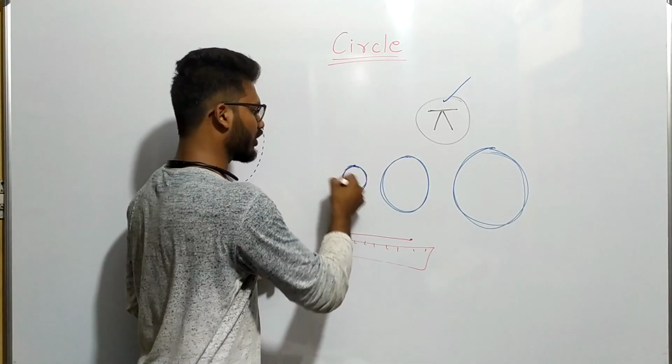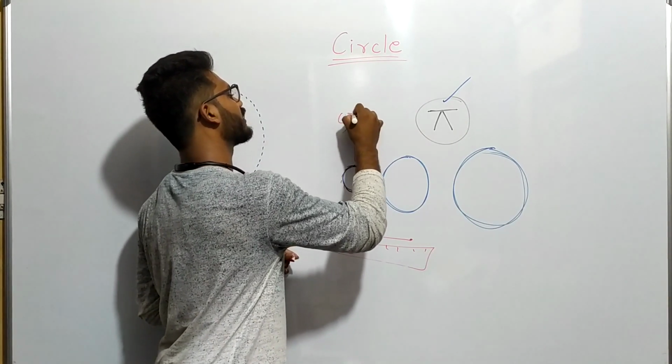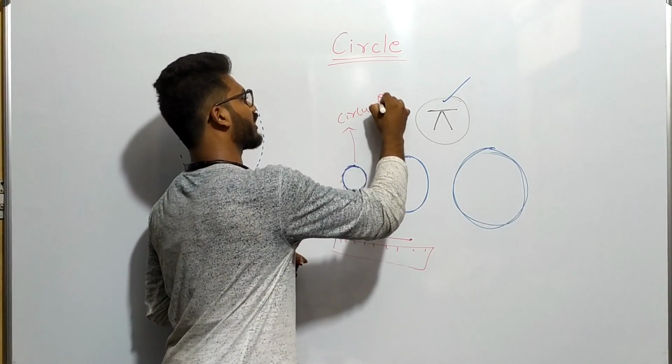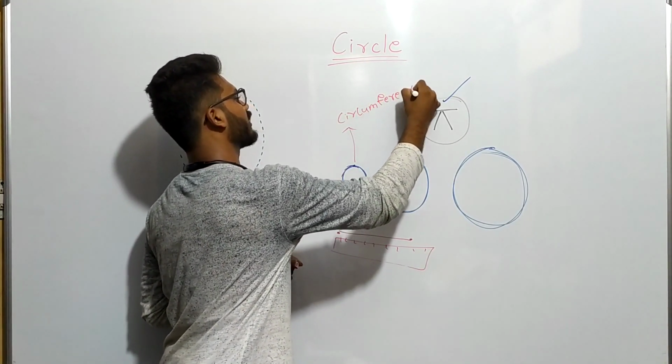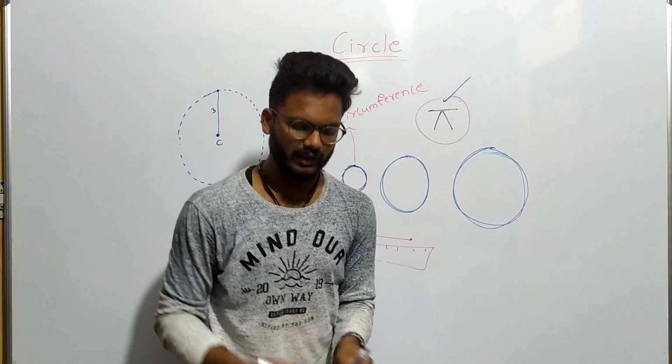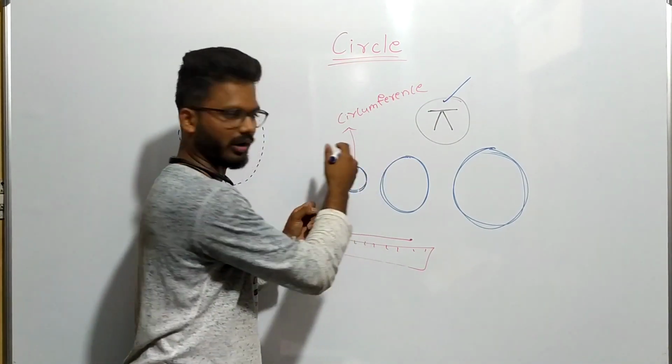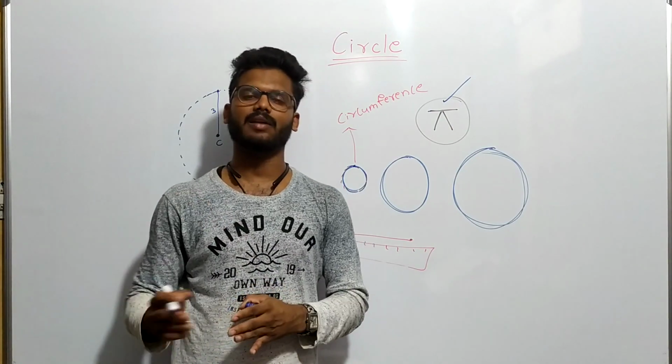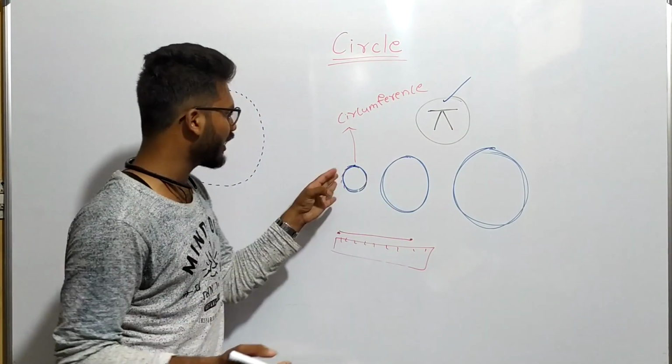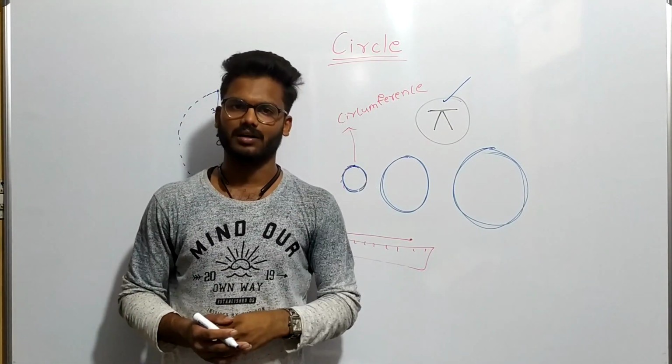Okay, so this total boundary we call it as circumference. What it is? Circumference of the circle, nothing but the length of its boundary. In general, we call it as perimeter for geometrical shapes, but here for circle we call it as circumference.